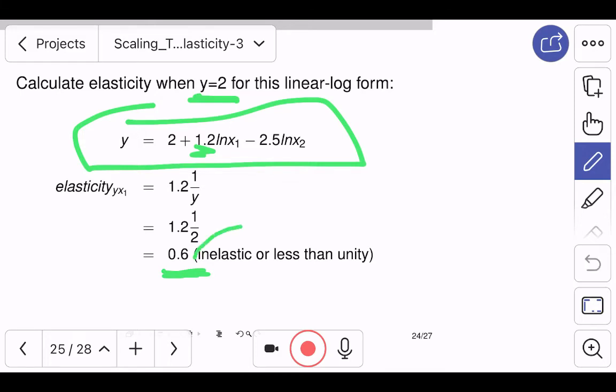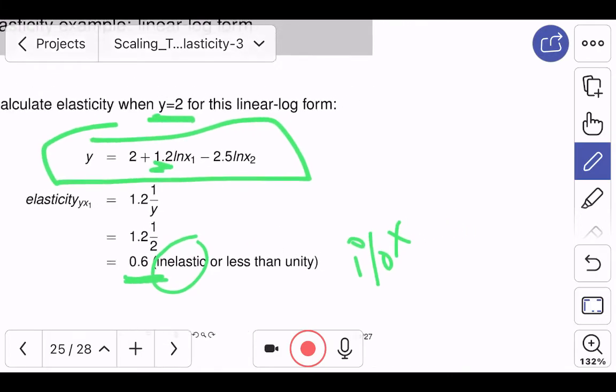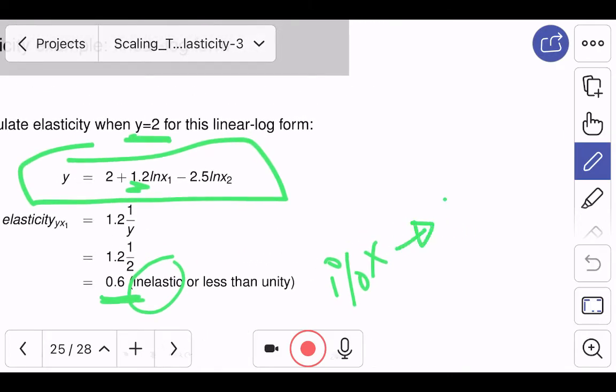And I have written here inelastic because a 1% change in x leads to a smaller proportionate change. You can't ignore the sign. It could have been minus 0.6, but numerically it's still smaller. So when you think of elasticity, don't worry about the sign.